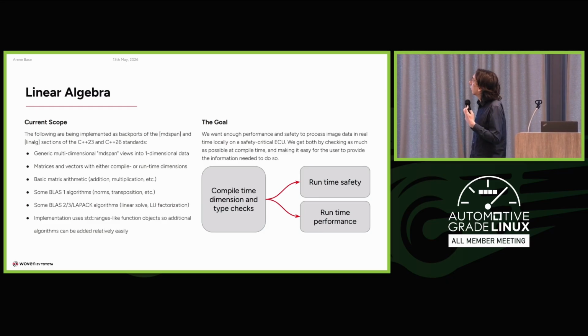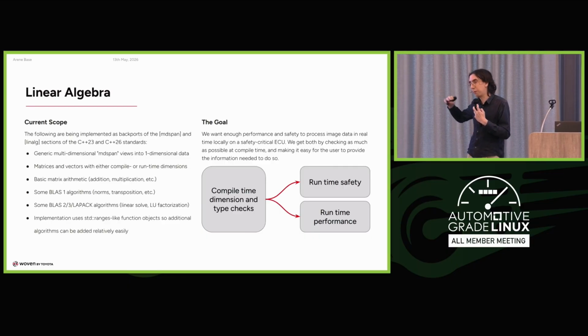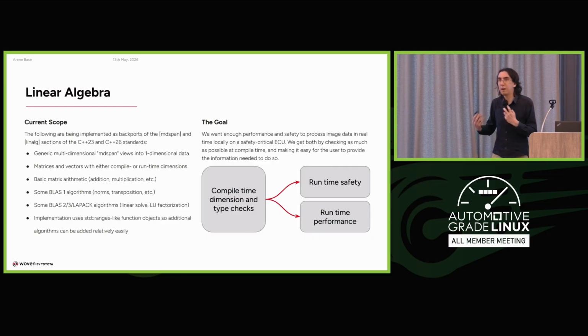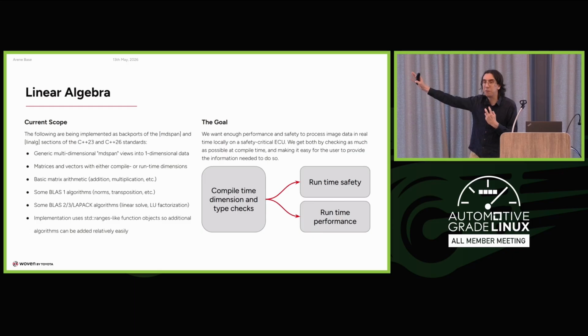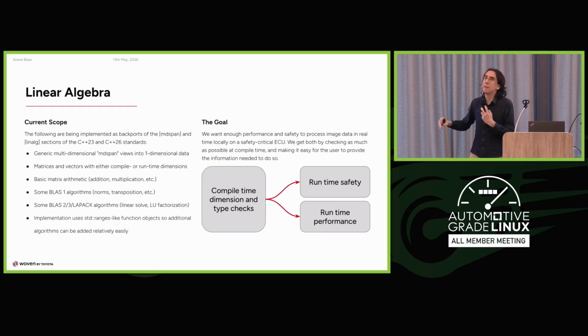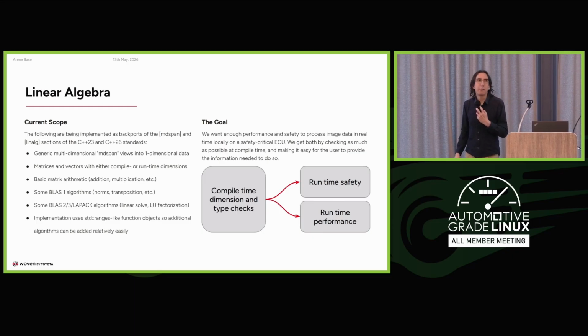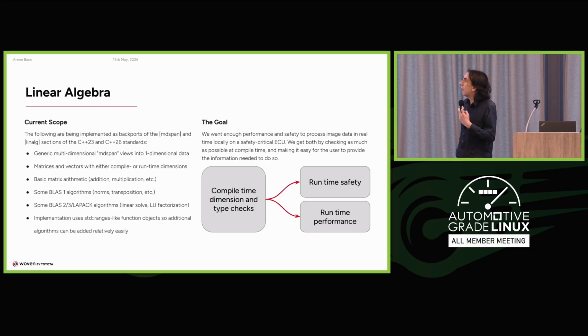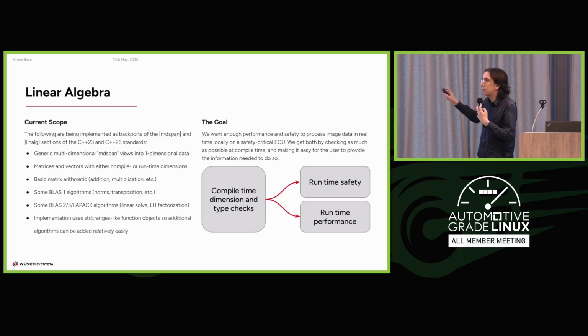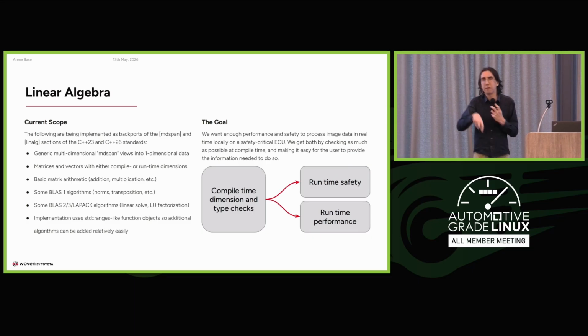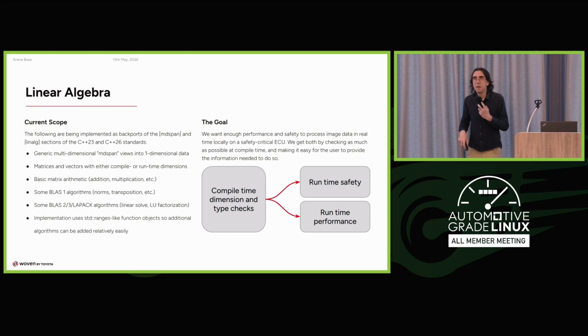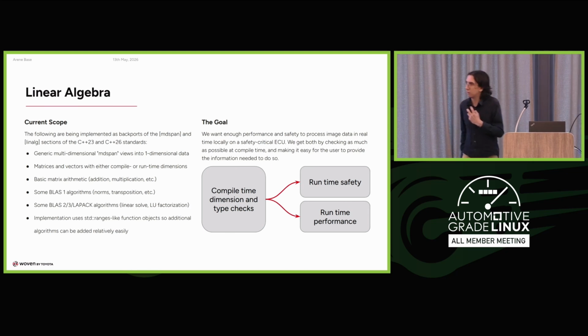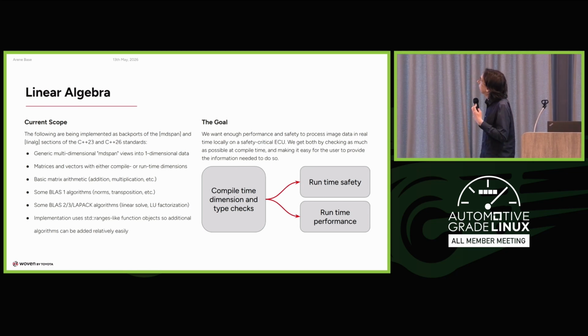So what we are currently working on is backporting these to C++14 so that you get effectively exactly the API from C++26 in C++14. And the specific goal that we have here is to allow image processing in real time locally on a safety critical ECU, which we think that we can do in just C++14.